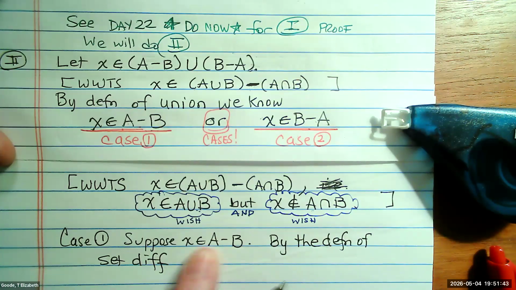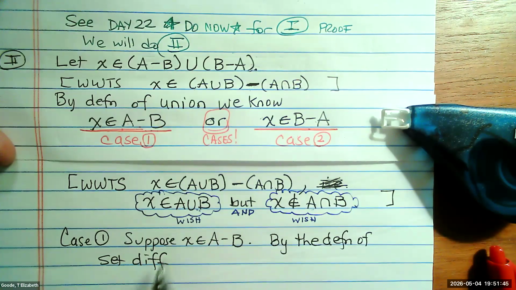So suppose X belongs to A minus B, are we going to say by the definition of set difference what we wrote in our wish? Yeah, let's break this down. What does it mean that X is in A minus B?